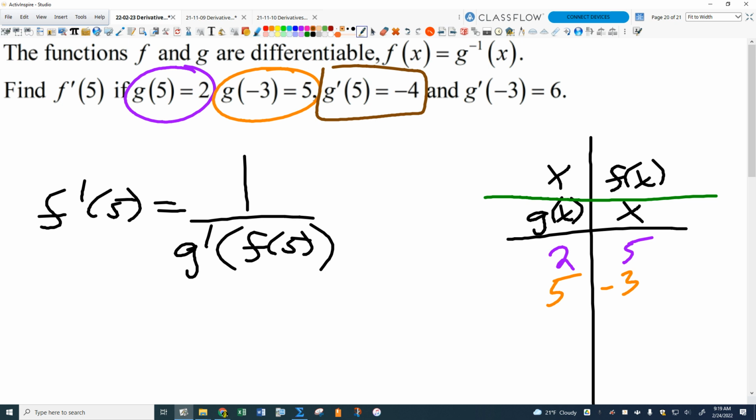G prime, is there any place down here where f of 5 is going to be a -3? Right? These are the potential values of f of 5. They're giving me g prime of a number. Does one of those make sense and one of those not make sense?